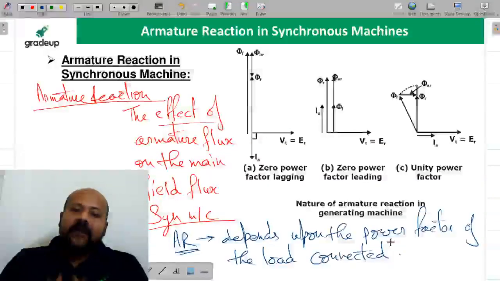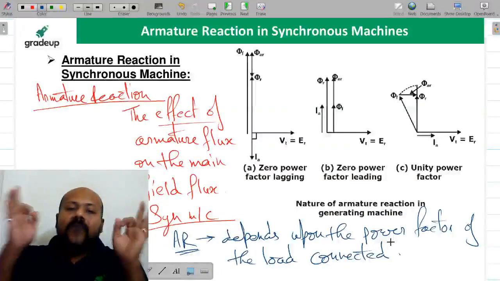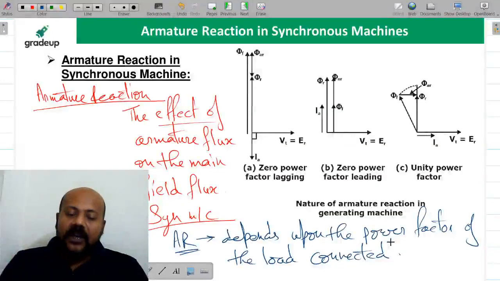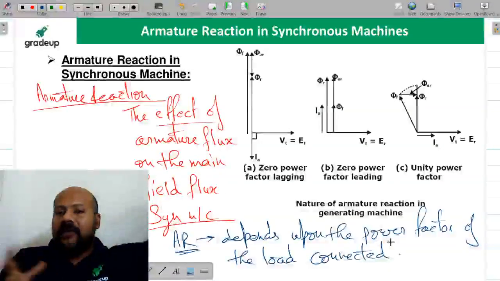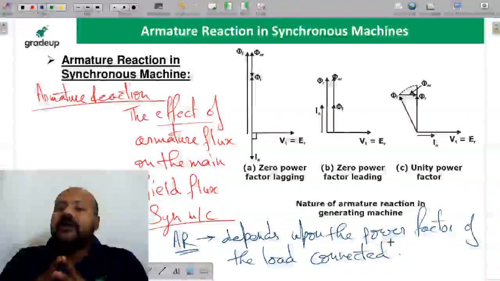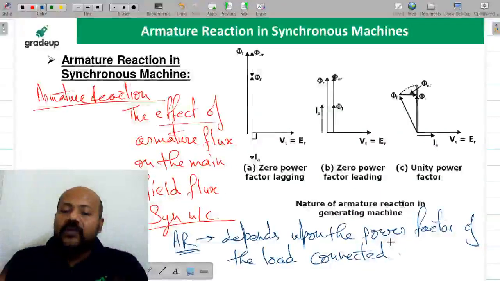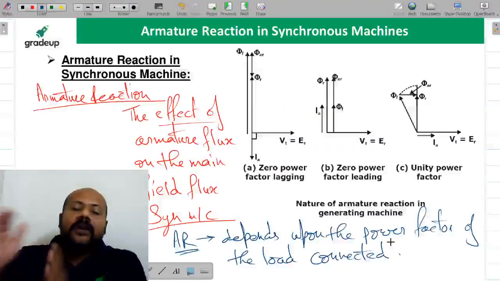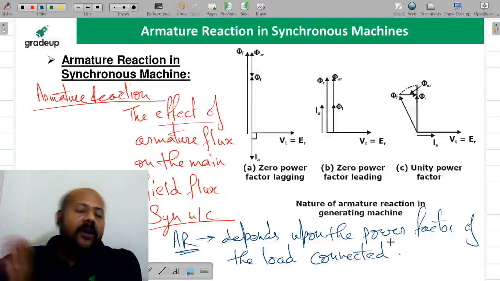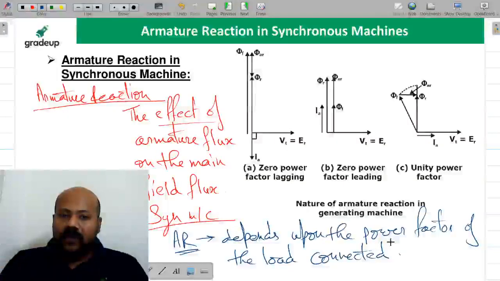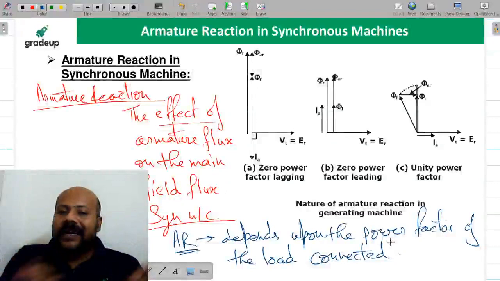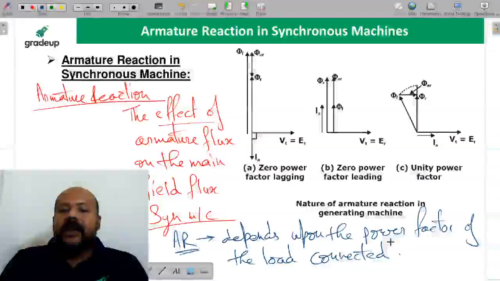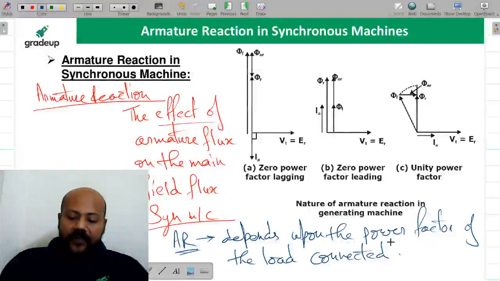Our approach is, we will see what is the effect of armature flux on the main field flux for the extreme conditions, and from those extreme conditions we will draw some generalization and we will assume that these generalizations are going to be the nature of armature reaction for different power factor or load conditions. Is it clear to all of you? This is the reason why we are taking different cases: zero power factor lagging, zero power factor leading, and unity power factor.